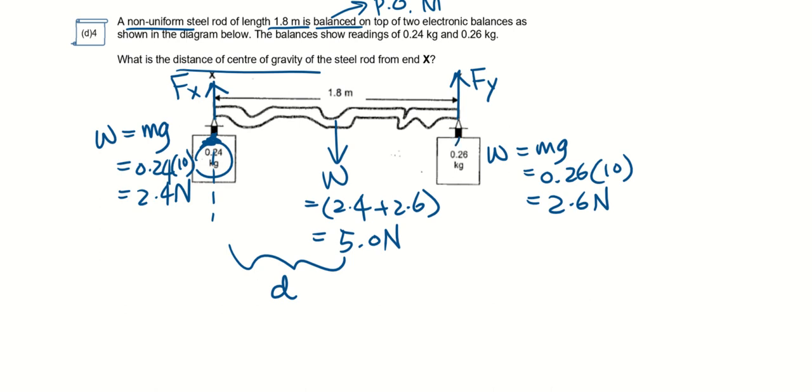But if I choose Y as the pivot, and again draw the line of action of force Y, it passes through the pivot.